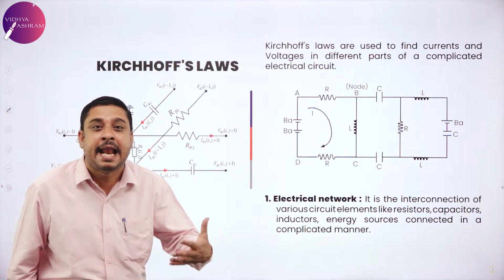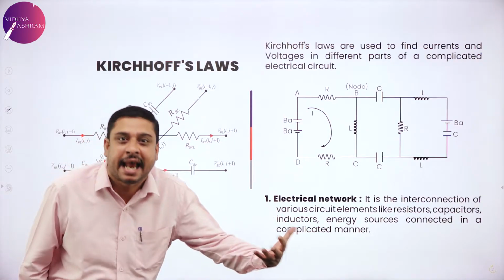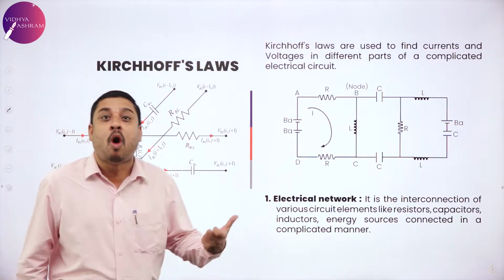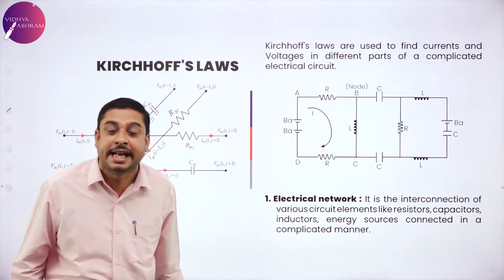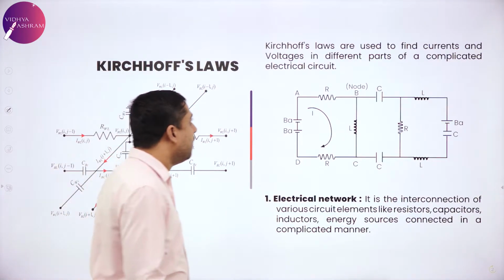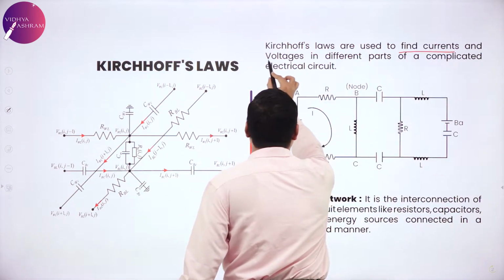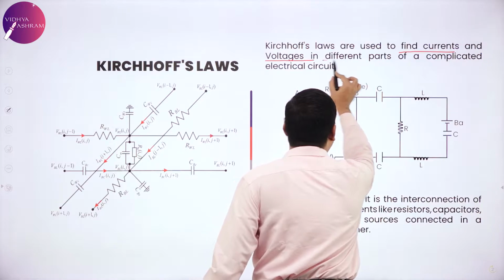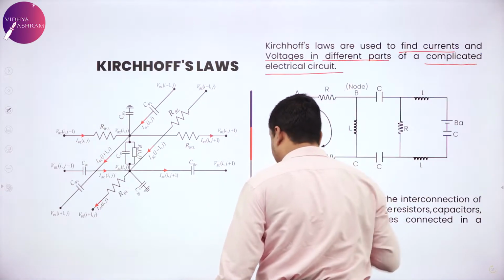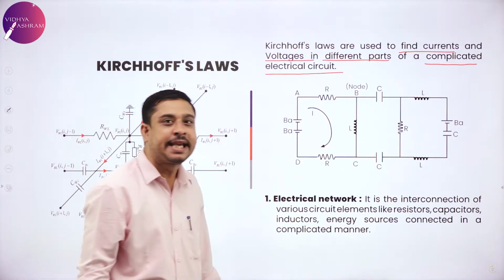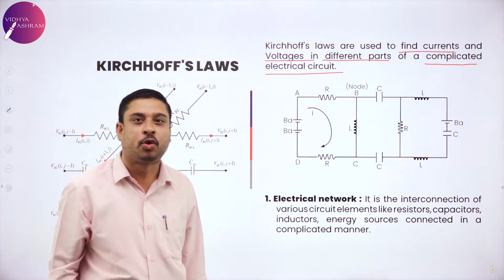So, my dear students, when I say complicated electrical circuits to be analyzed, what do I actually mean by that? It means we are finding currents and voltages in different parts of a complicated electrical circuit.